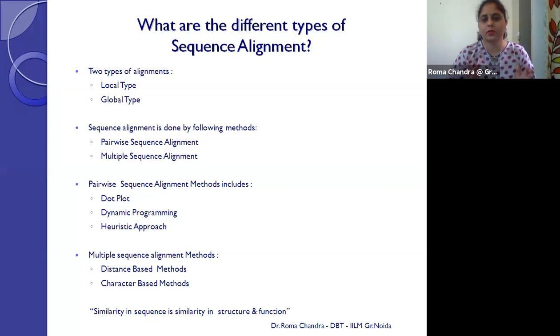Always we are trying to align sequences, and our purpose is to find those similar regions, or in keyword terms, the motif regions. Local type is where we search out the local regions. We will have a number of local regions, a number of motif regions.